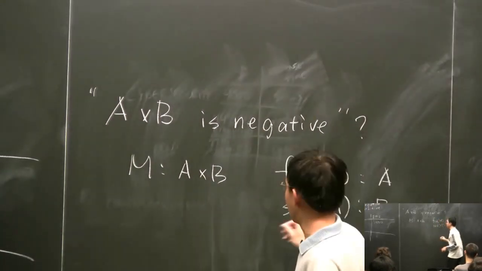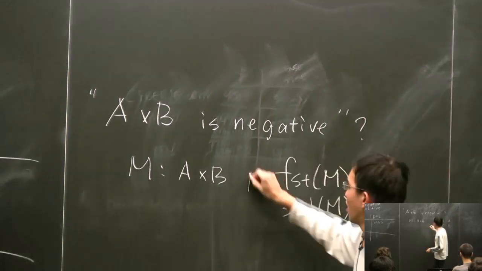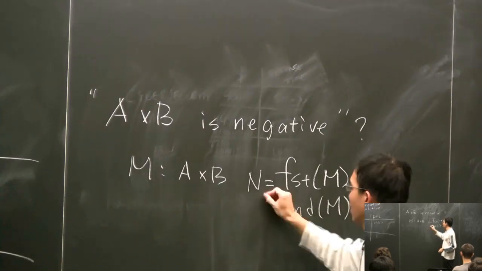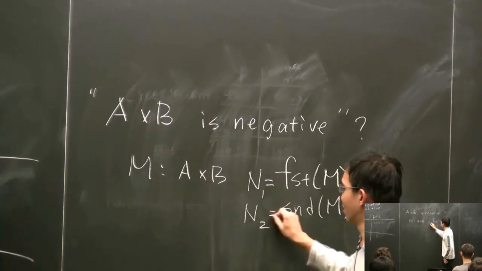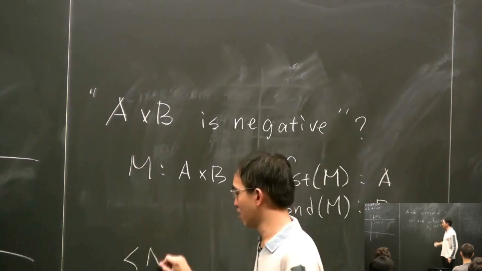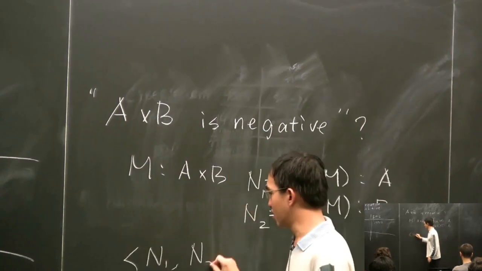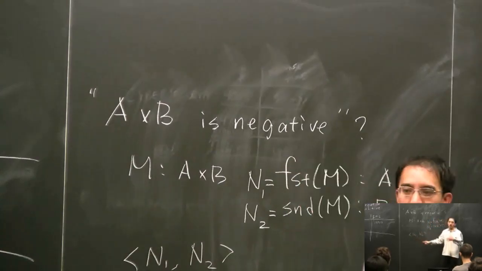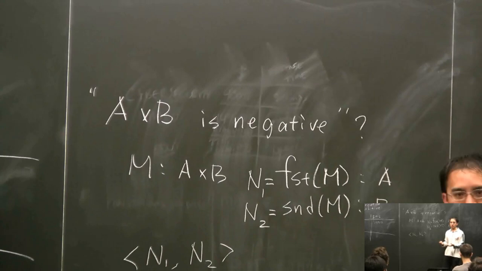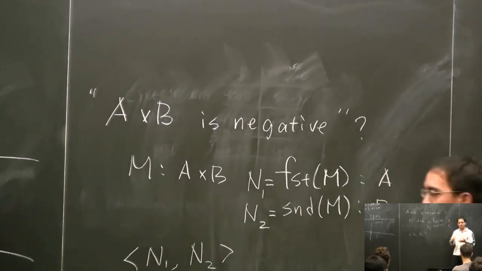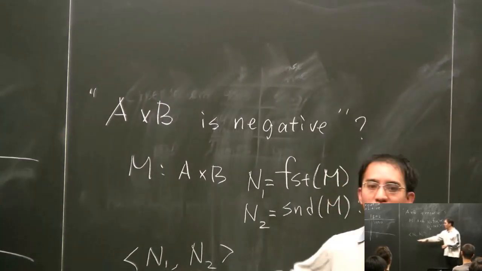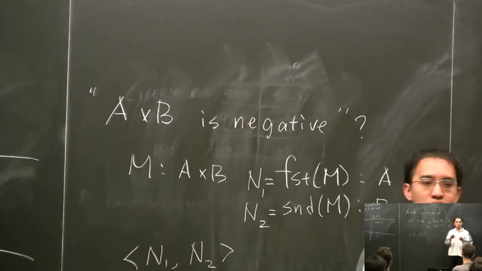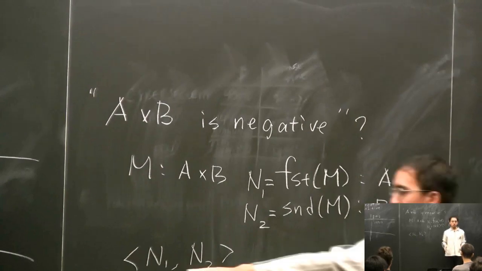So what's that term? In this case, let me give a name to that: N1 to this, and N2 to this. If I read it out like this, this means the result of the first projection, and this means the result of the second projection, and by writing down the two terms in a tuple, I already specify all the outcomes of the usage.